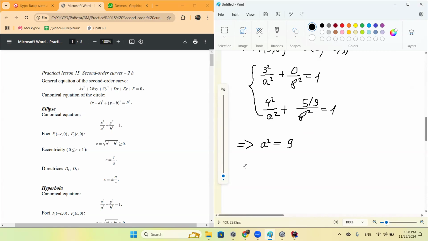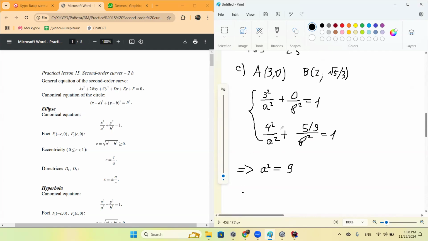So let's find B to the power of 2. So 2 to the power of 2, so 4, by 9 plus 5 by 9, I won't modify it for now. So equals 1.